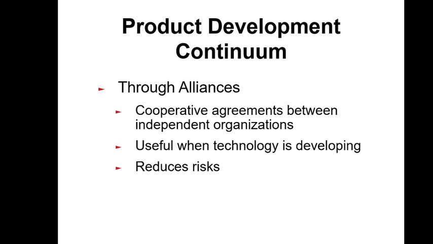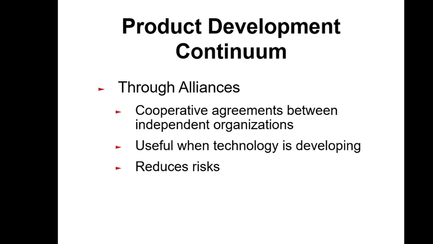This is a kind of strategic alliance. It will be very useful when technology is developing, and of course it will reduce risks. Why? Because risk again will be shared between you and your strategic alliance.